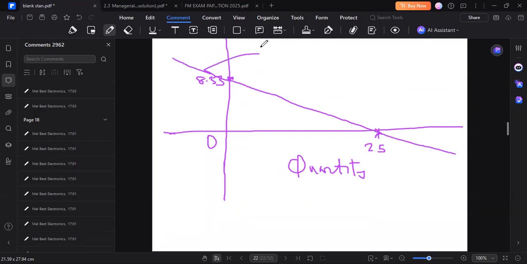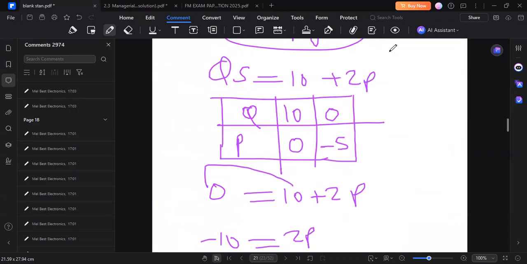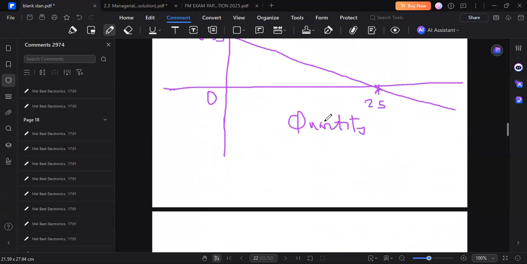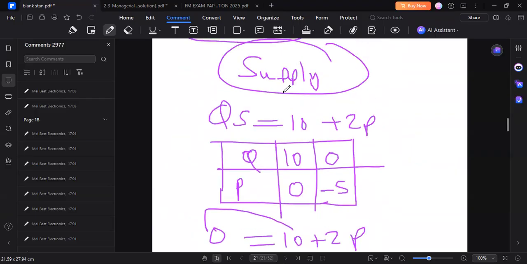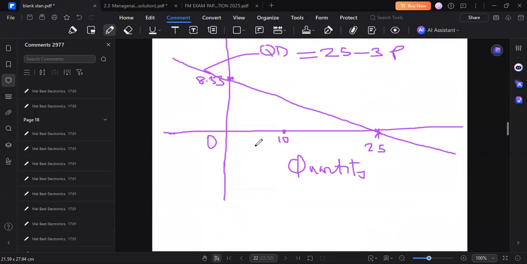So this is our quantity demanded, which is 25 minus 3P. Then the supply one is (10, 0), which is somewhere here, and (0, -5), which should be somewhere here.